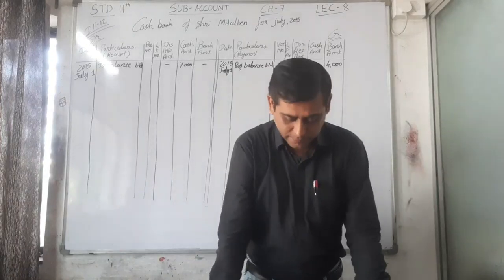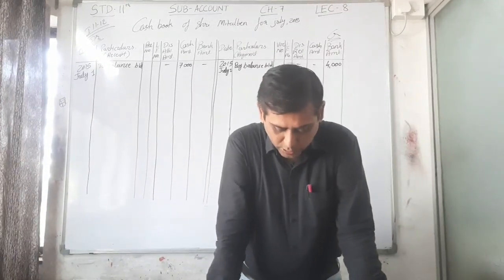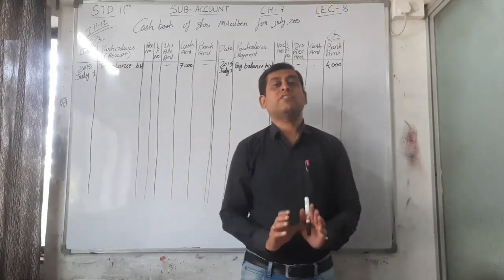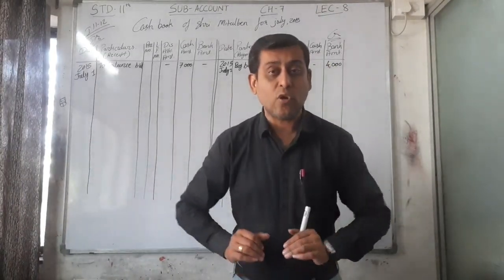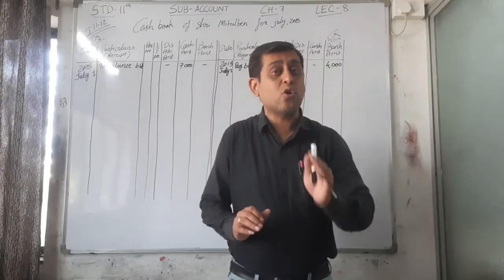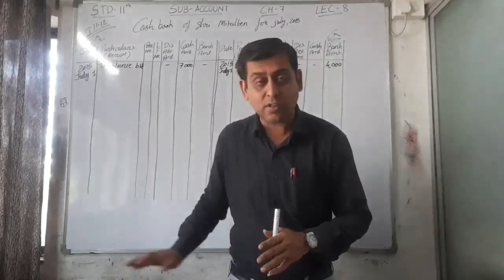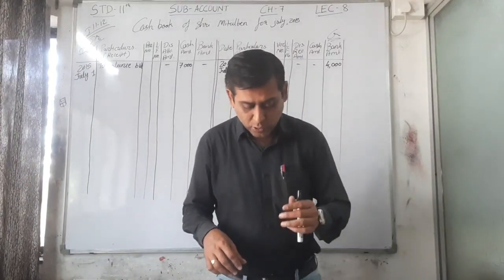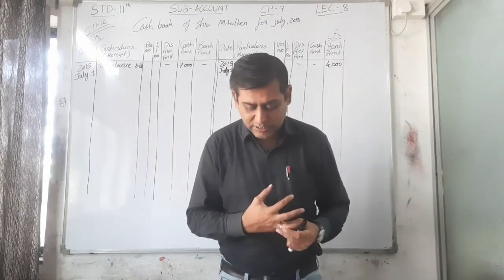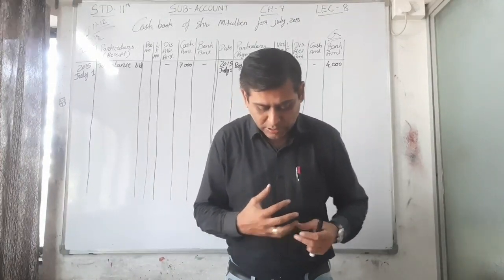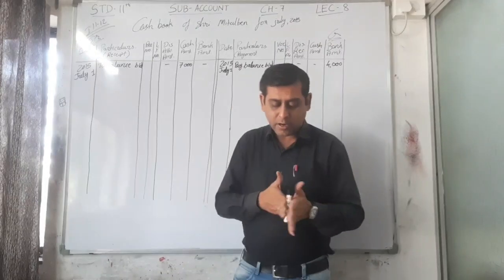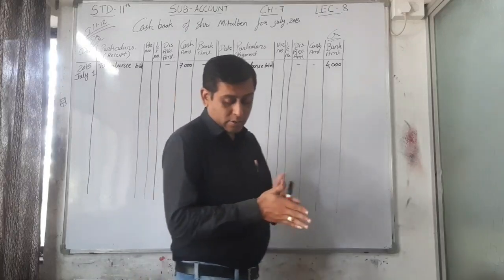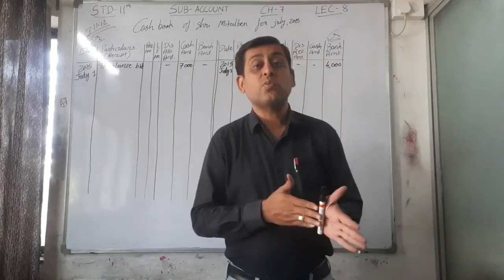Okay, the opening balance entry is over. Now the second entry: goods of rupees 4,000 sold to Khushali. A check is received from her which is deposited in the bank account. You have to write the journal entry for each and every transaction in your rough book or fair book after the sum.